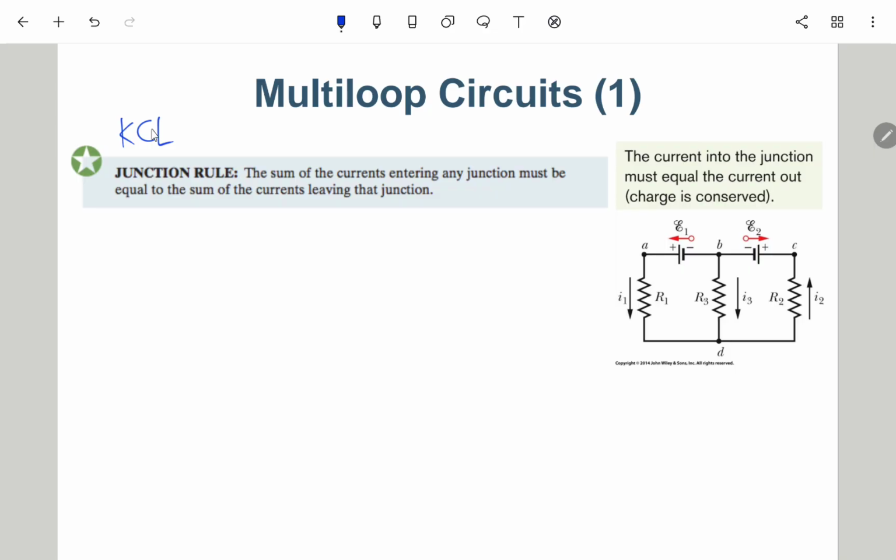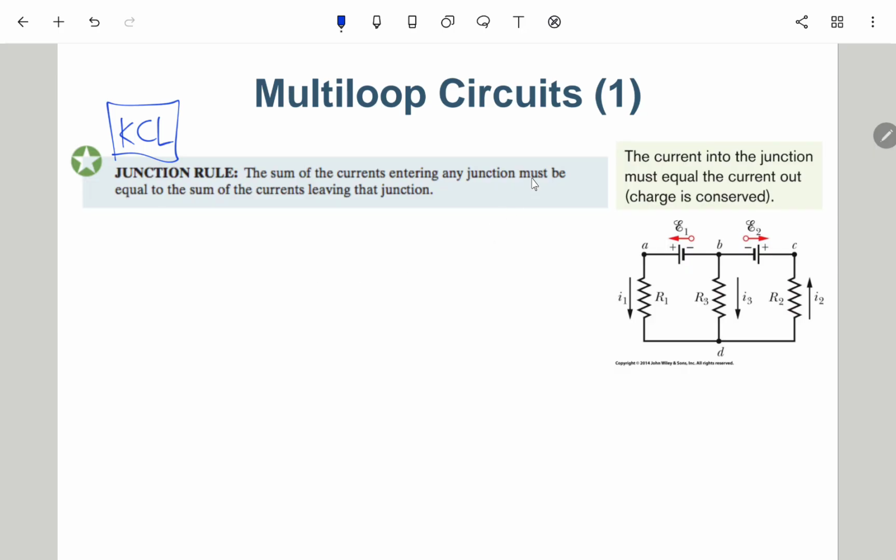I always call it KCL, Kirchhoff current law, because I don't remember the junction rule at all. Note this is not KCl, potassium chloride, not a chemical formula; this is Kirchhoff current law. So for a multi-loop circuit, we can usually make use of the KCL to solve the circuit.